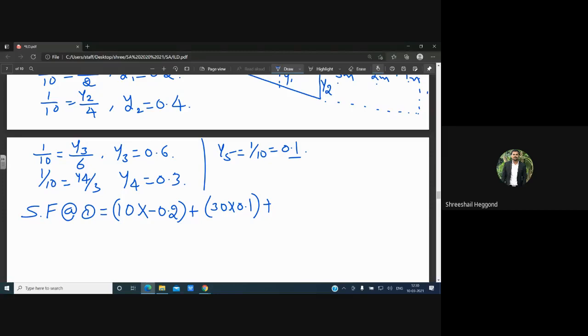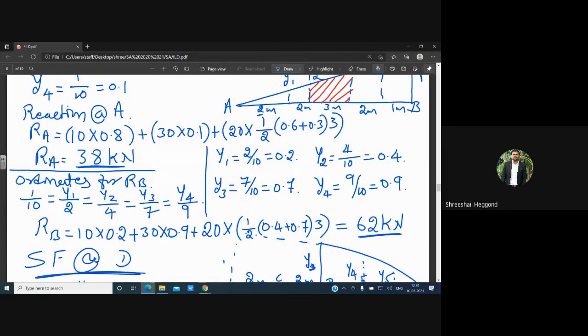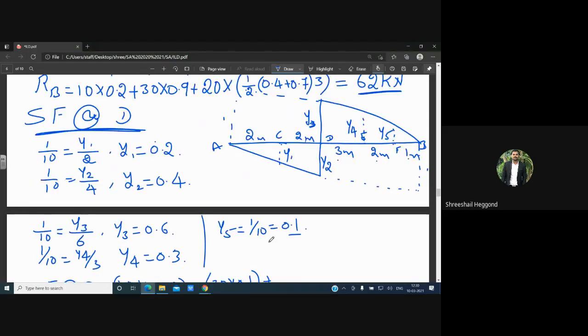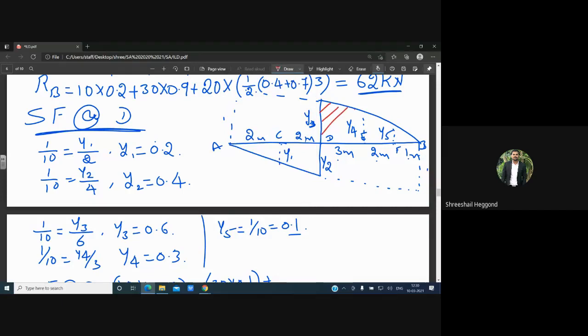And next is the area under the UDL in the diagram. From the diagram, the UDL area can be written as the area between y3 and y4. This area needs to be calculated, that is between y3 and y4.